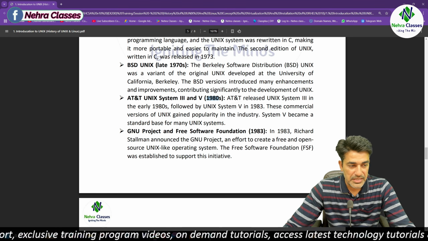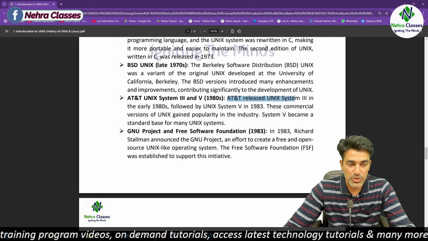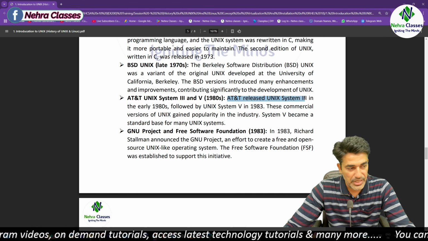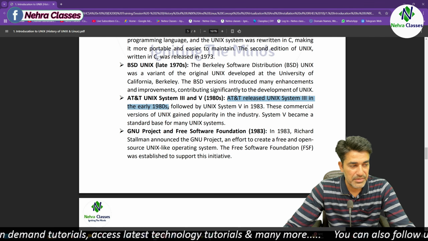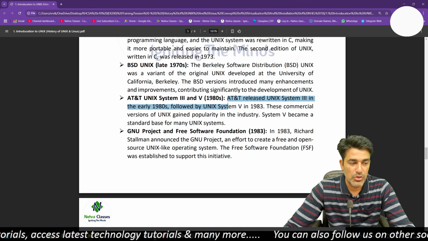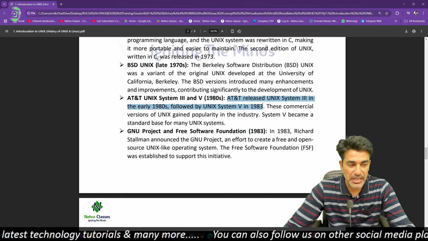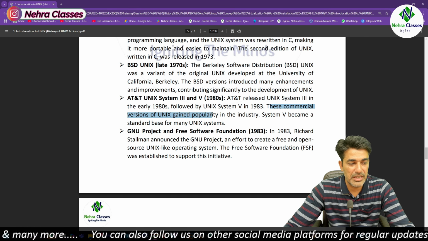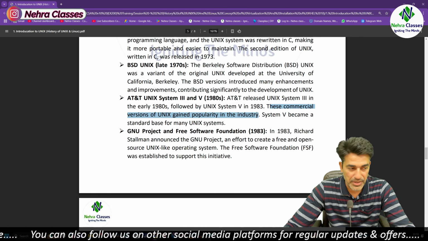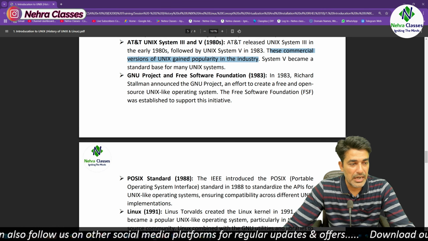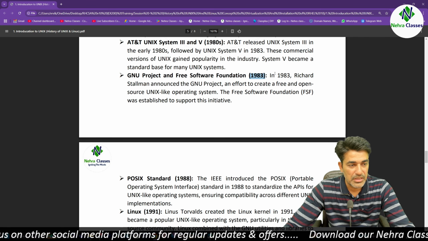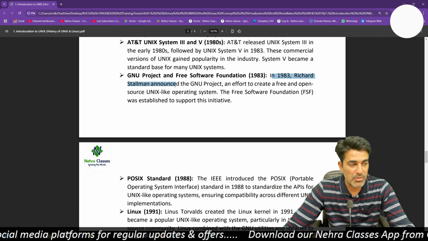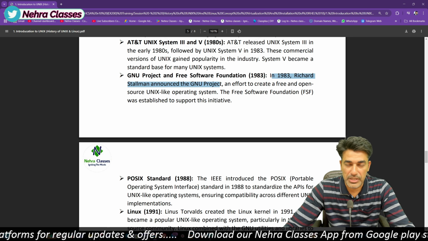In the 1980s, AT&T released Unix System 3 in the early 80s, followed by Unix System 5 in 1983. These commercial versions of Unix gained popularity in the industry. In 1983, Richard Stallman announced the GNU project.